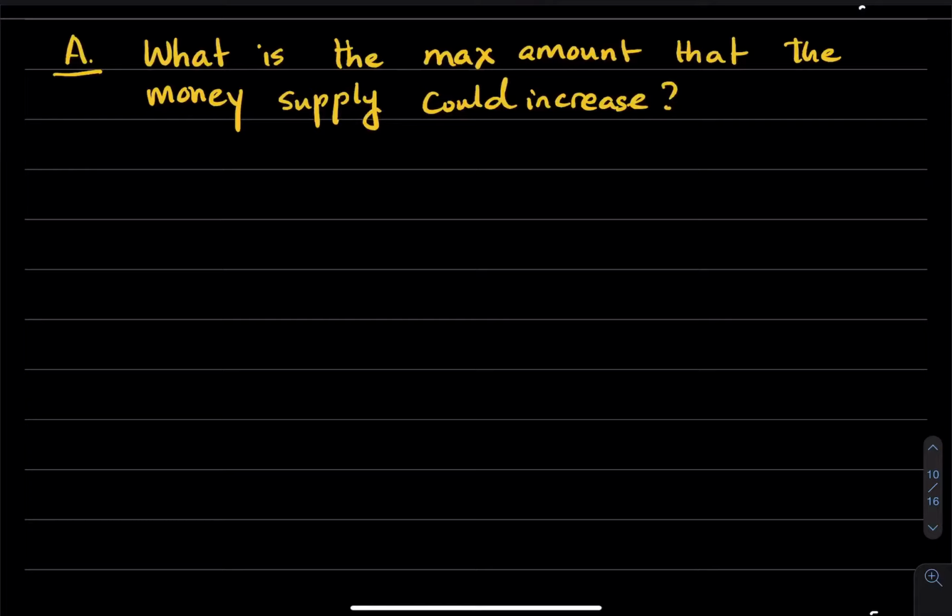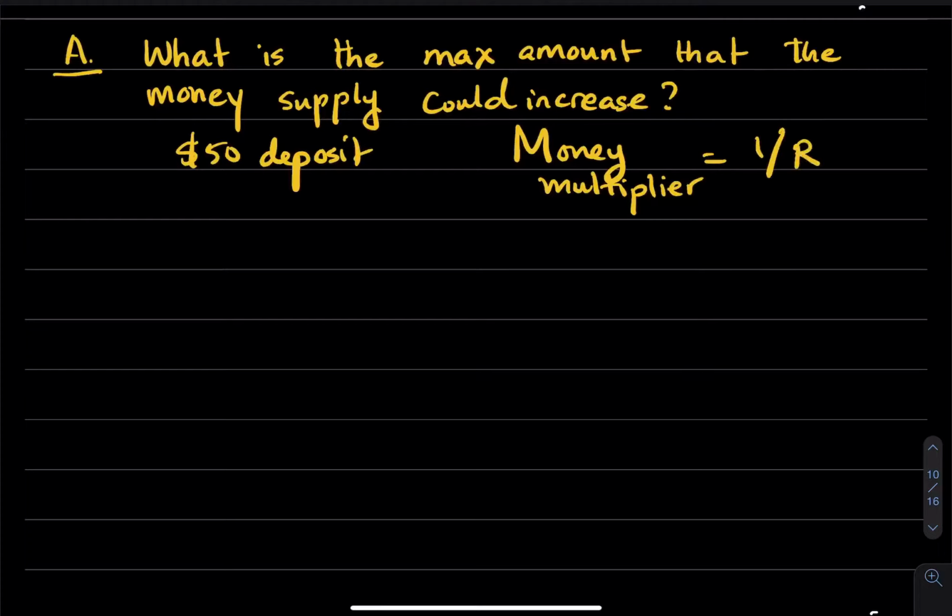We will write down what's given to us. You have made a $50 deposit after finding that currency, and we also know that the money multiplier is equal to 1 over R, and we are given what R is. R is 20% of reserves.